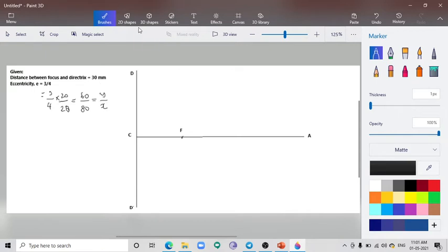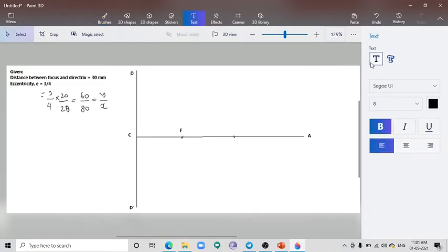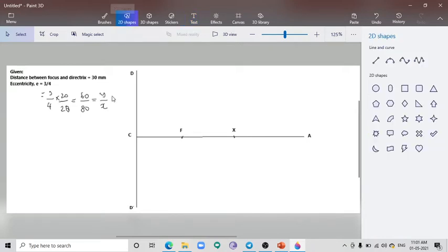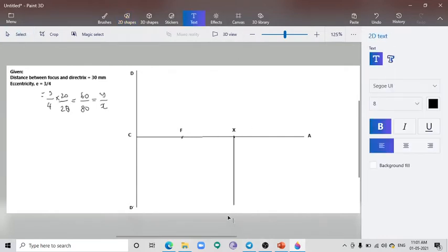Okay, so first I am going to mark 80 mm from the directrix, and that point is to be marked as X. So from X we have to mark the point Y, which is at a distance of 60 mm vertically downwards. So this point is to be marked as Y.